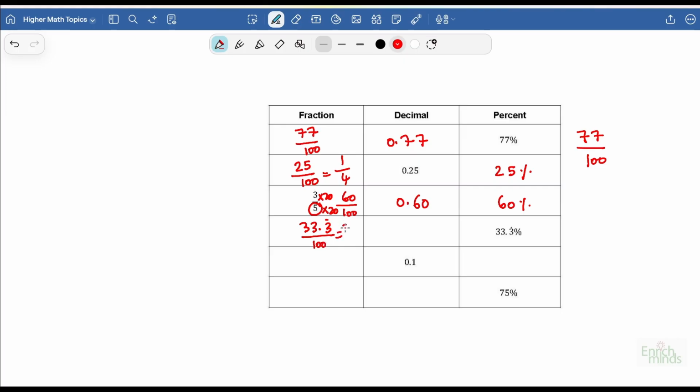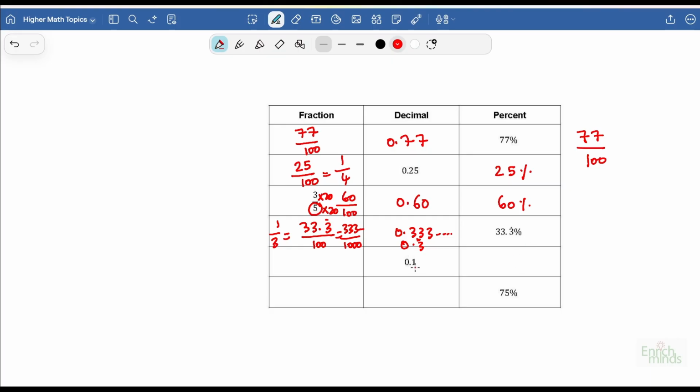Or this is equal to 333, and this 3 keeps on repeating, out of a total 1,000, which is equal to 0.333 repeating, or we can write 0.3 repeating, which is actually equal to 1/3. 1/3 is equal to 33.3 repeating percent.